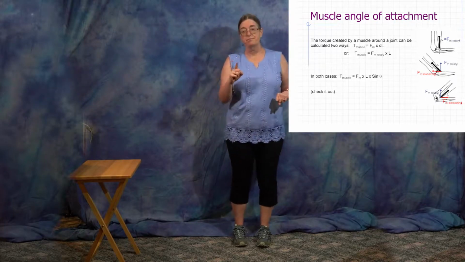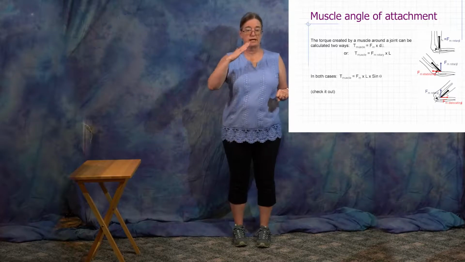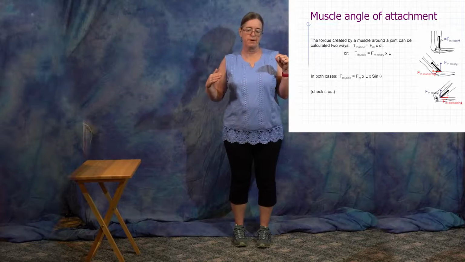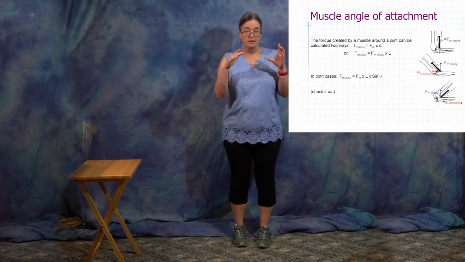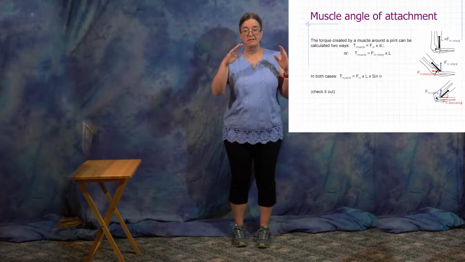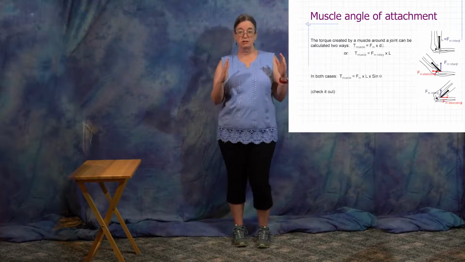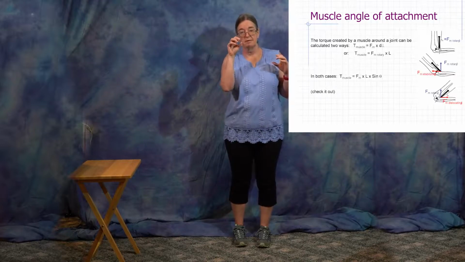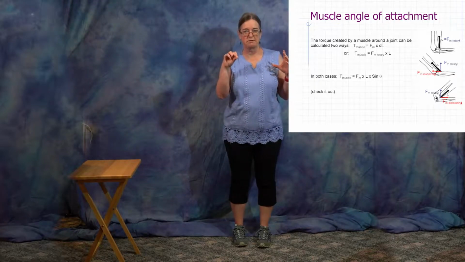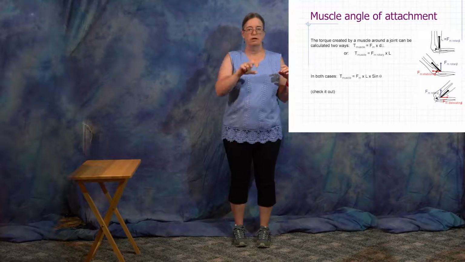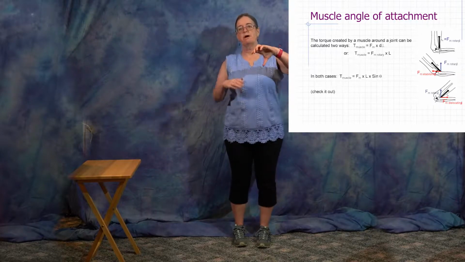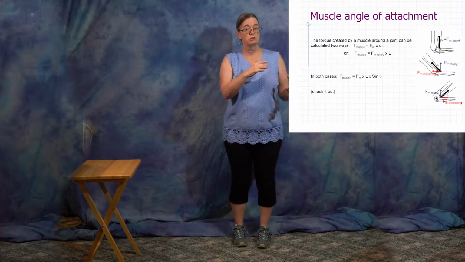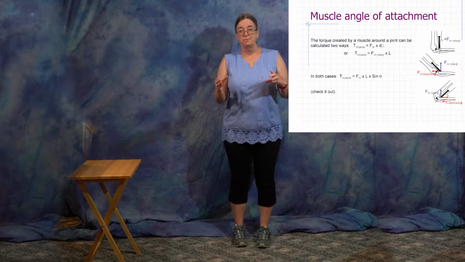And the other is to figure out what the actual moment arm of the muscle is by taking the angle of attachment and the distance of attachment, and considering them the hypotenuse and the opposite components of a triangle, so that you can calculate your moment arm, and multiplying that by the actual force in the muscle.